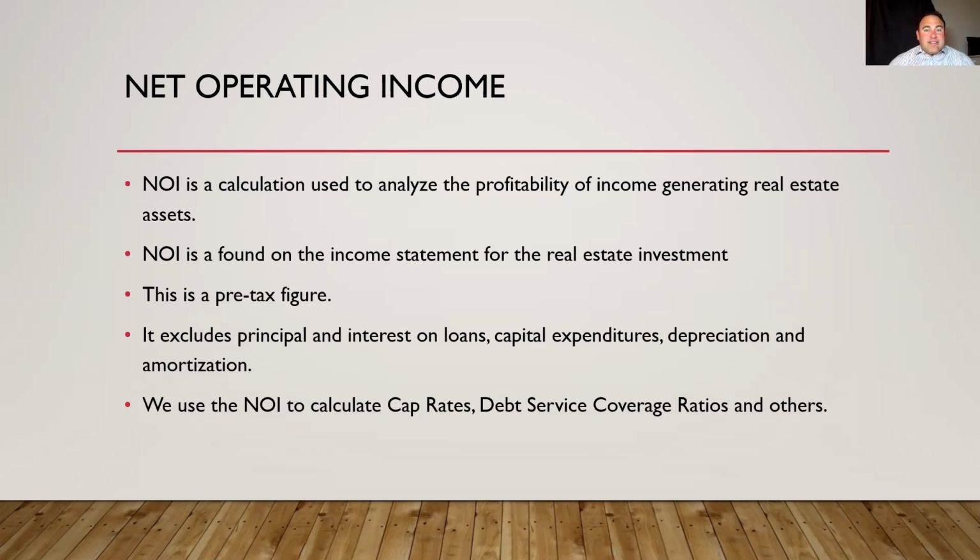Depreciation and amortization. So when we're looking at that income statement, if there's taxable depreciation on there, we want to add that back in, as well as amortization. So again, principal reduction on the loan we exclude from the NOI.